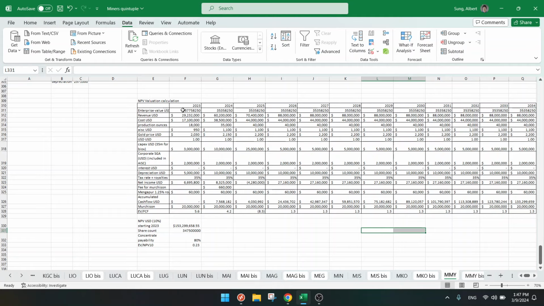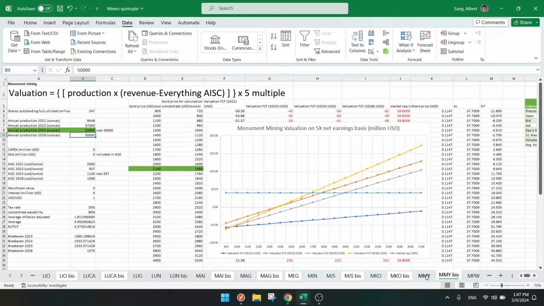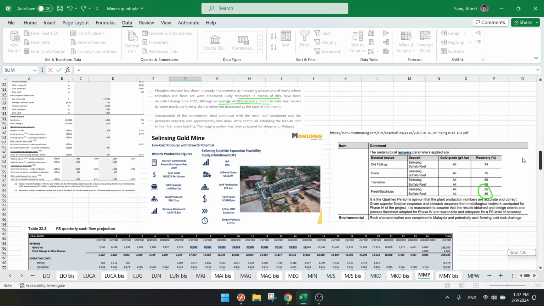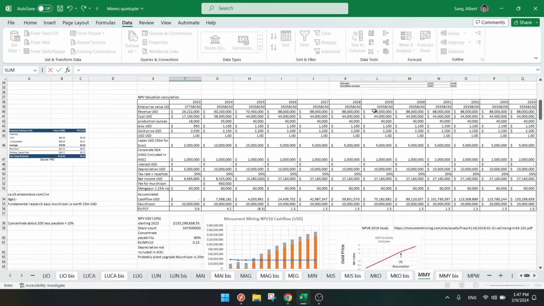So yeah, let's do it. The enterprise value seems to be using the charts from here. That's good. But I want to have this as a master file. So this should refer to this chart.